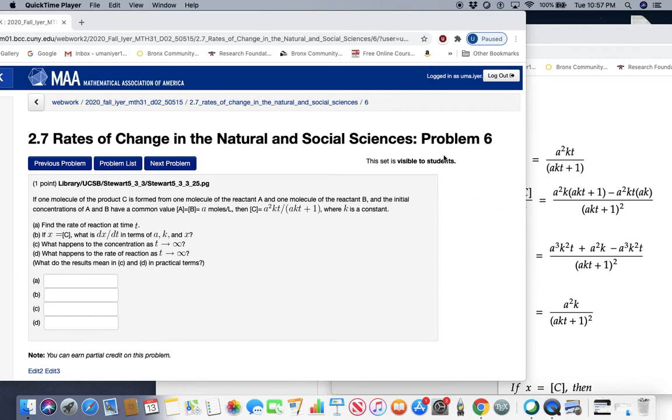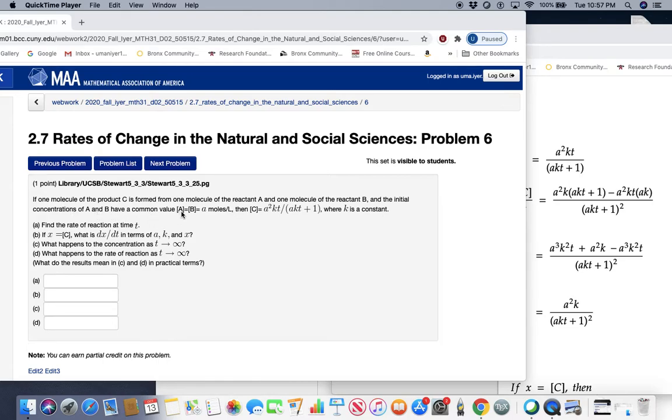So now problem 6. One molecule of the product C is formed from one molecule of the reactant A and one molecule of the reactant B. The initial concentrations of A and B have a common value.